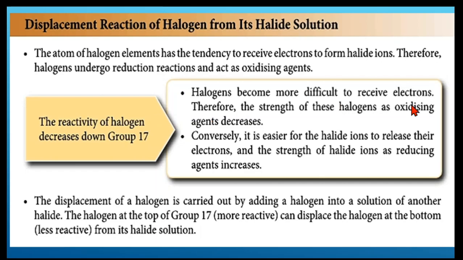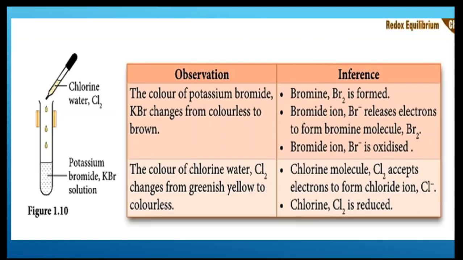So, dia punya reactivity pun decreases lah. Okay. So, untuk displacements of halogen, the halogen at the top of group 17 is more reactive. So, dia can displace the halogen at the bottom yang less reactive from its halide solution. Yang at the top more reactive can displace the halogen at the bottom yang less reactive.